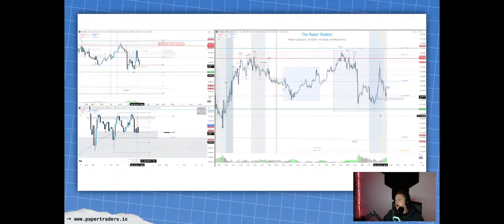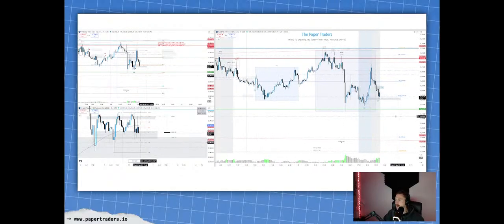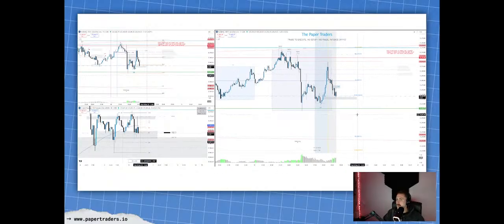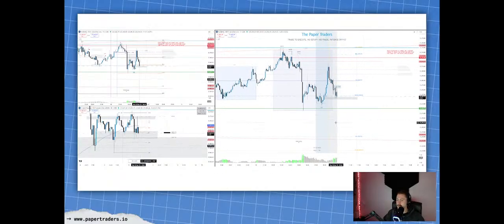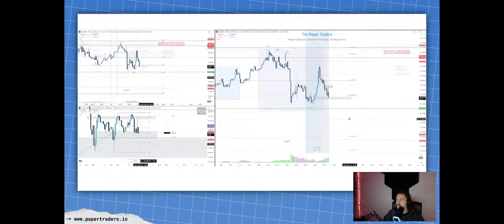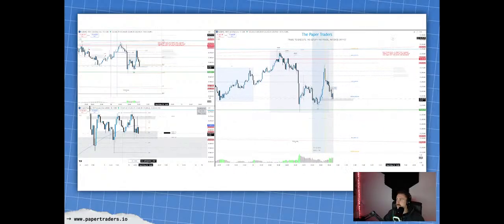All right, still a lot of liquidity down here, or that little LRLR. Let's see how this 15 minute opens up. Got 30 seconds till market opens up.